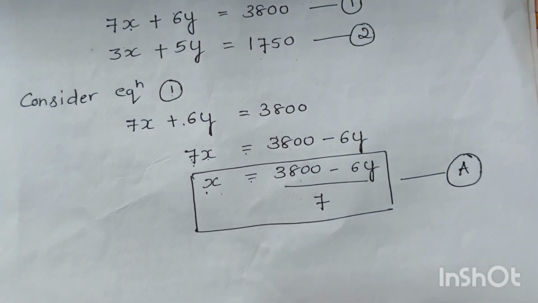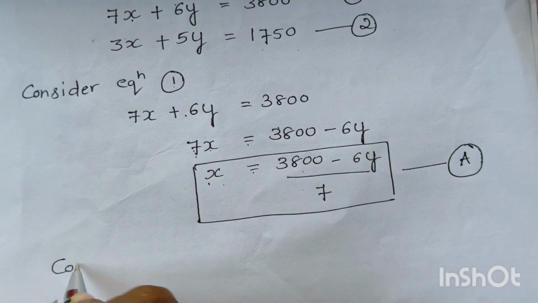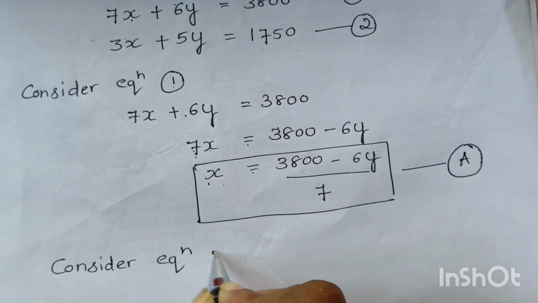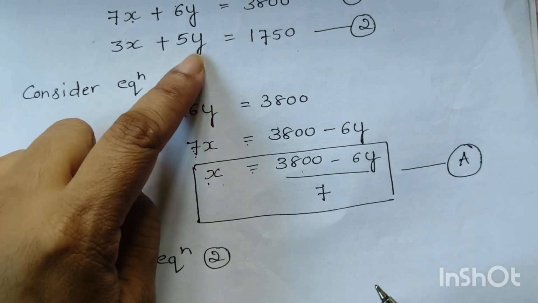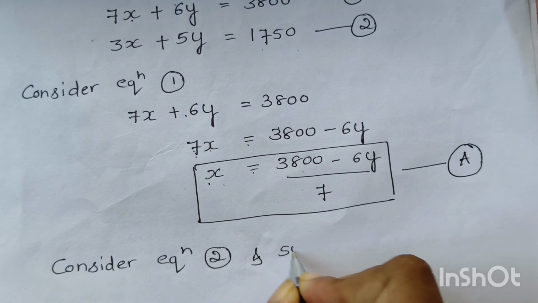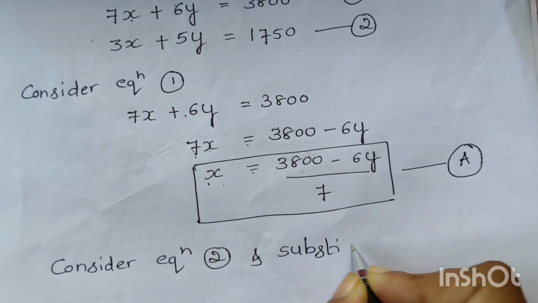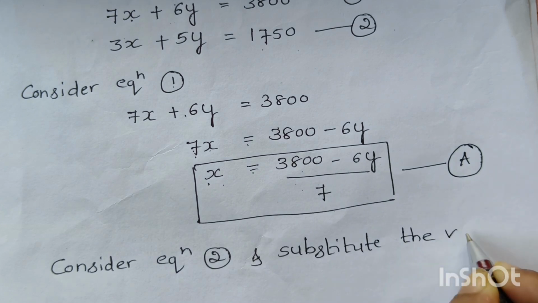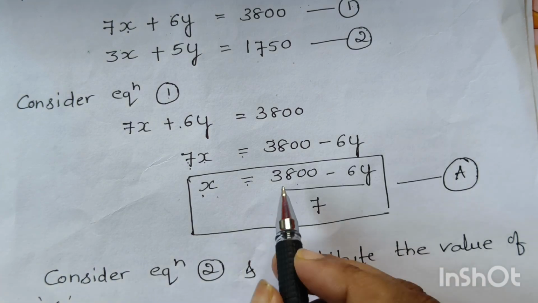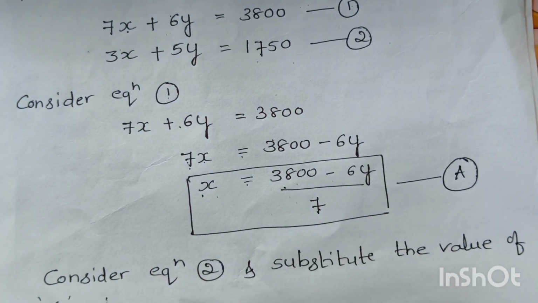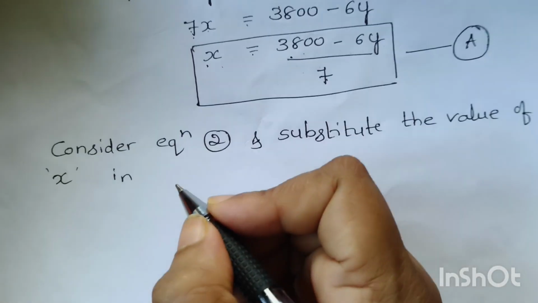So, consider equation 2, that is 3x plus 5y is equal to 1750, and substitute the value of x, that is 3800 minus 6y by 7, in equation 2.